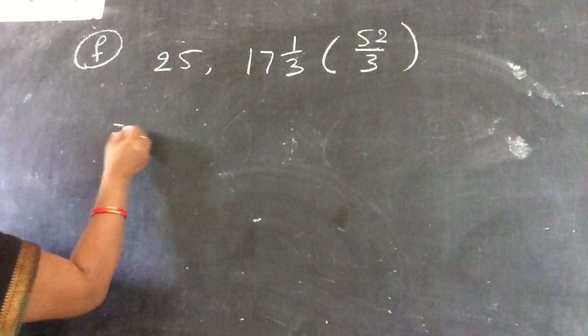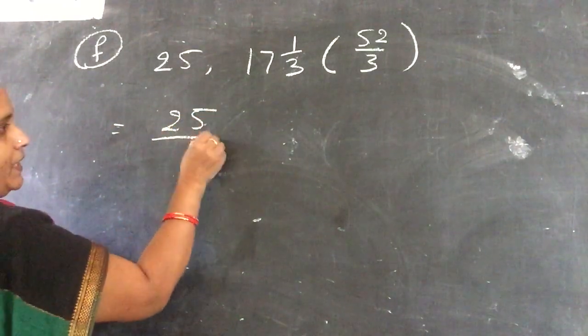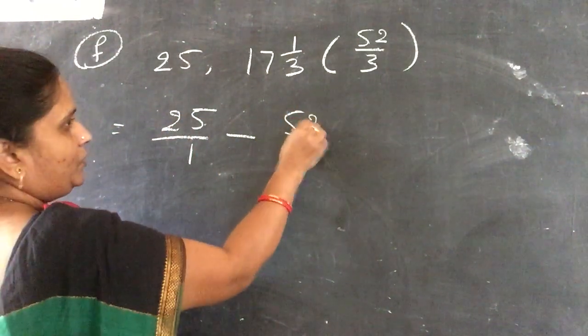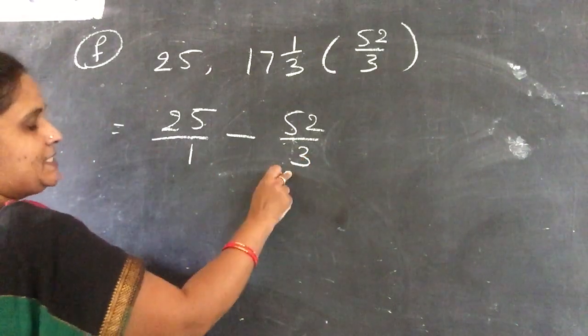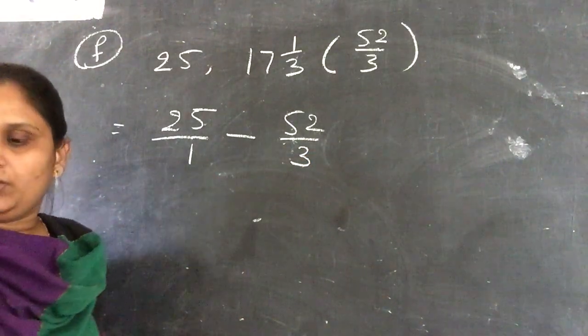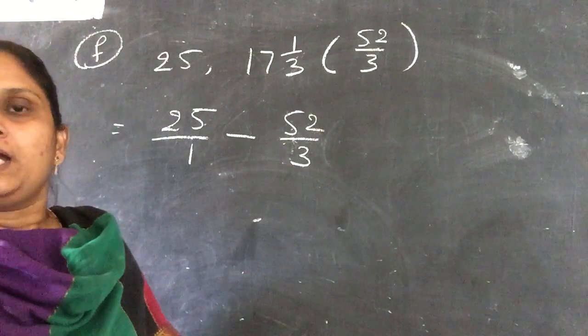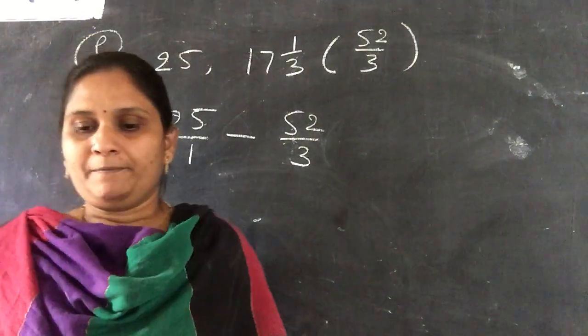So next step what you have to do means 25/1 minus 52/3. Take the LCM of 1 and 3. You will be getting 3 only as the answer and have to do the subtraction. Okay.